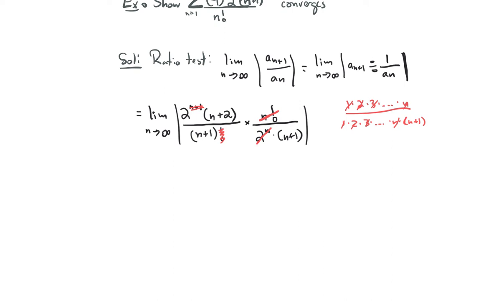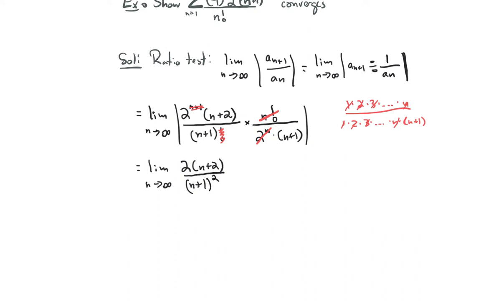So let's simplify this, and what do we have? The limit as n approaches infinity. I'm going to not write the absolute value since everything's positive. So we have 2 times n plus 2 over n plus 1, so that's from the n plus 1 factorial, times n plus 1, but that's another n plus 1, so I'll just say it's n plus 1 squared.